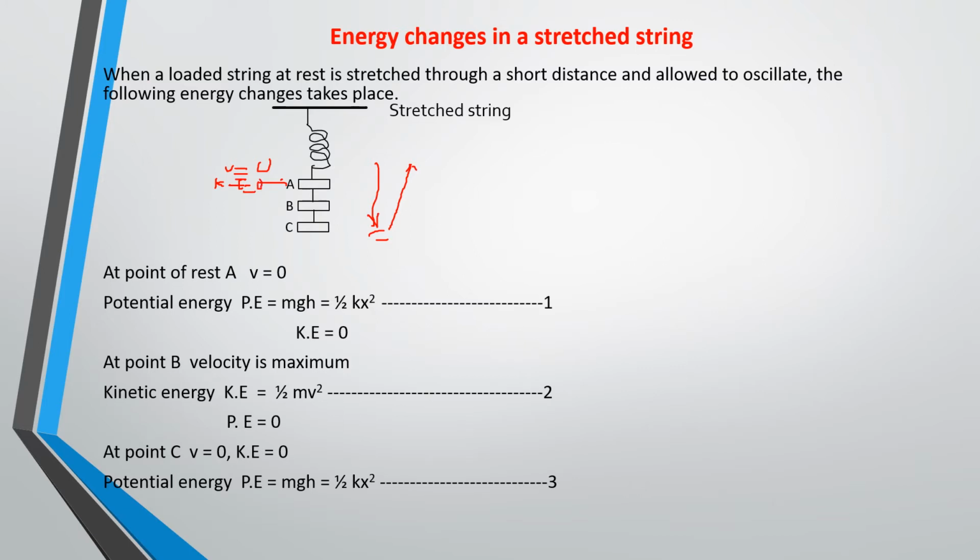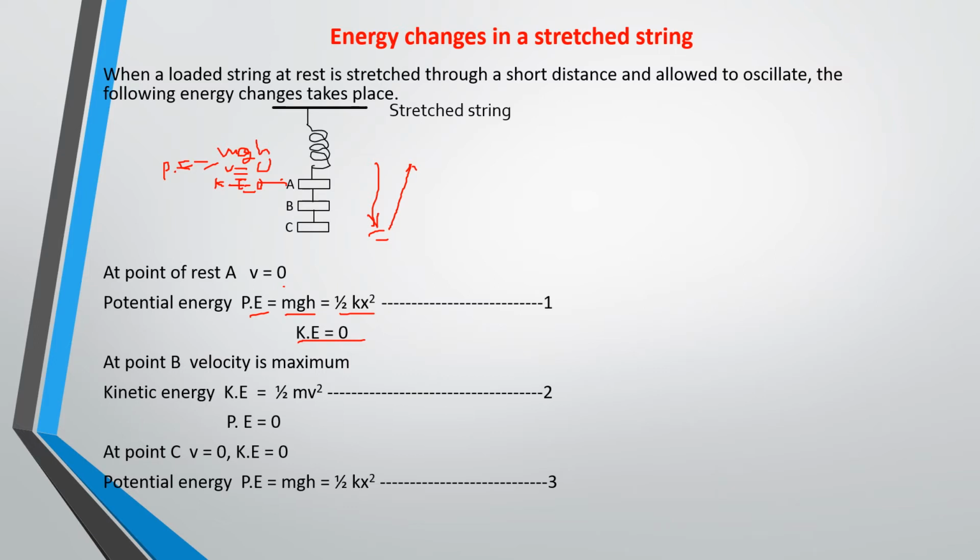So the energy that the body possesses at point A is equal to potential energy. Potential energy at that point is equal to mgh. And that is what we have here. At this point A, velocity is equal to 0, potential energy is equal to mgh, which is equal to half ks squared. This is the extension of the string.